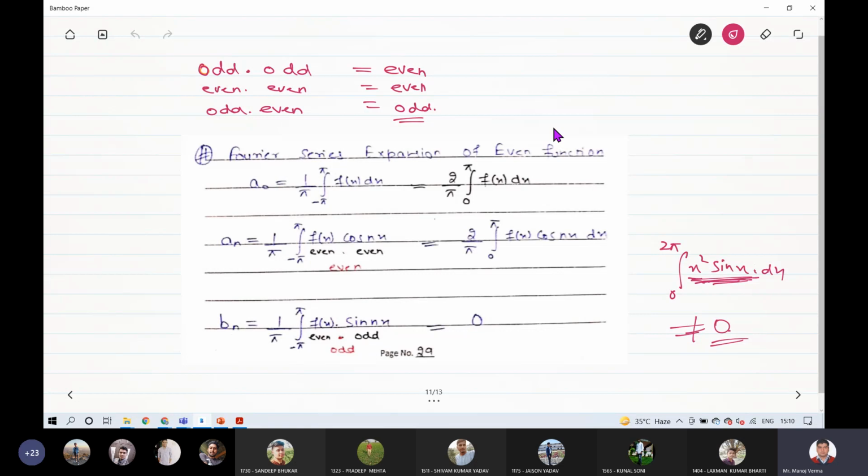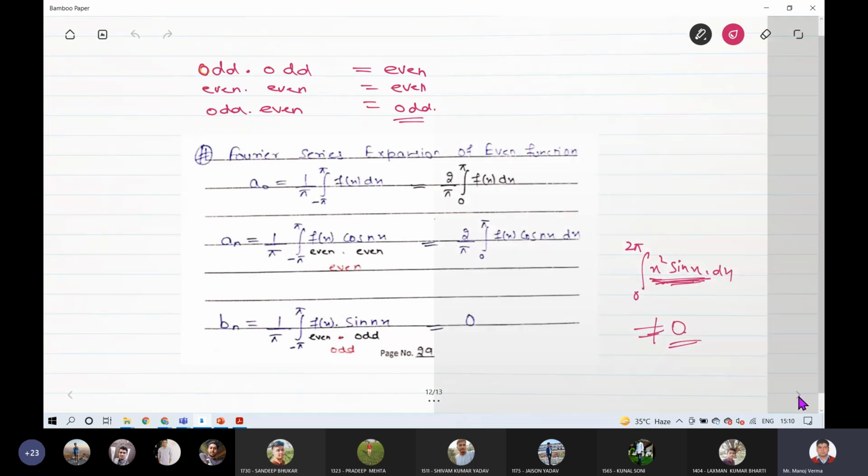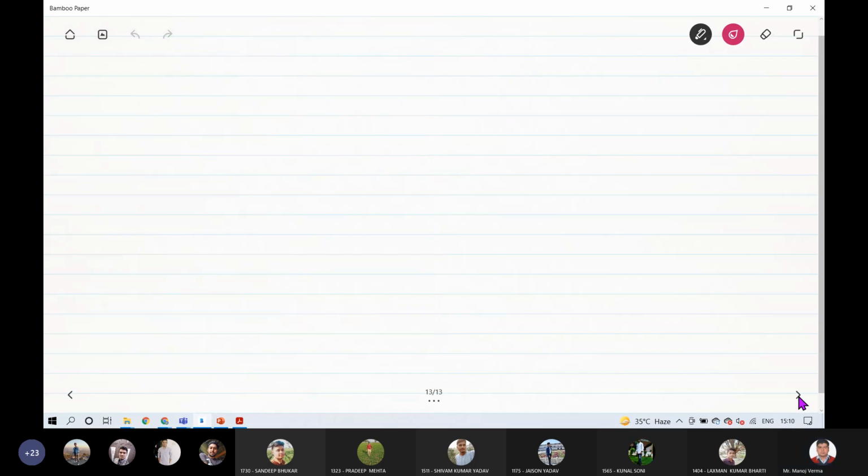You can only tell when they are multiplied. Odd into odd is even, but odd plus even, you cannot tell how this function will behave. But yes, these properties will be helpful to you in the respective integrals. I will show you with an example how this property will be helpful.